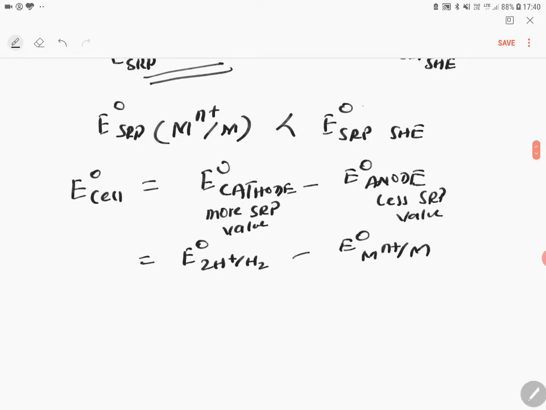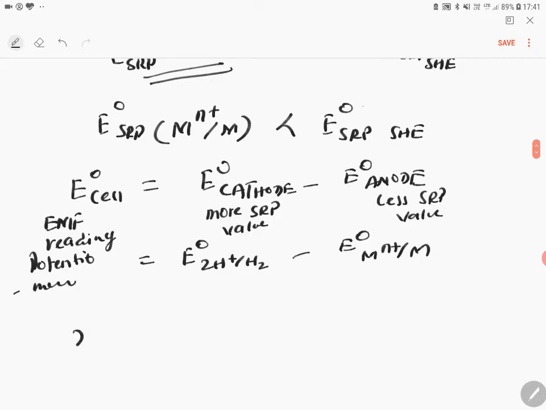Now for E naught cell, you will connect the circuit and you will see the EMF reading in the voltmeter or potentiometer.